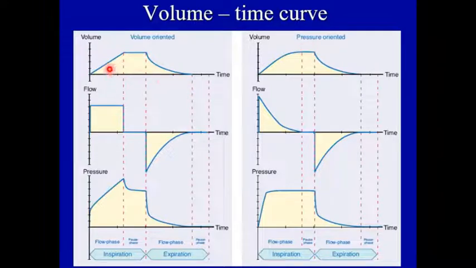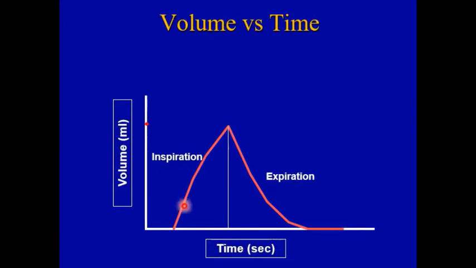Here the first half of the curve indicates the inspiration, and the remaining half indicates the expiration. This indicates the inspiratory tidal volume, and the remaining part indicates the expiratory tidal volume.